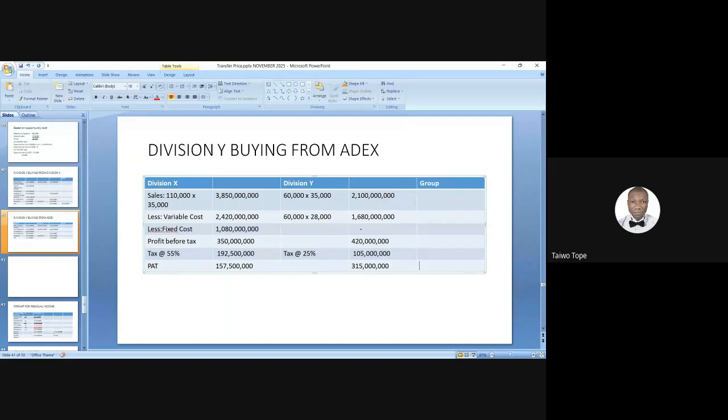Yes, we're there. Then overall, the group profits will be what? 472,500.